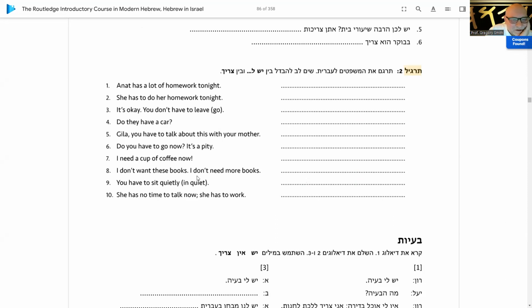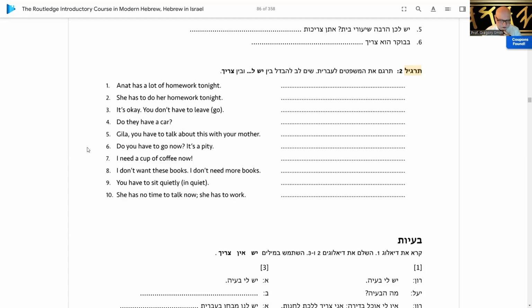Okay, so I don't want these books. I don't need more books. Let's see. I don't want, how about ani lo zarich? Let's see. These books. Yeah, sfarim. Ele.